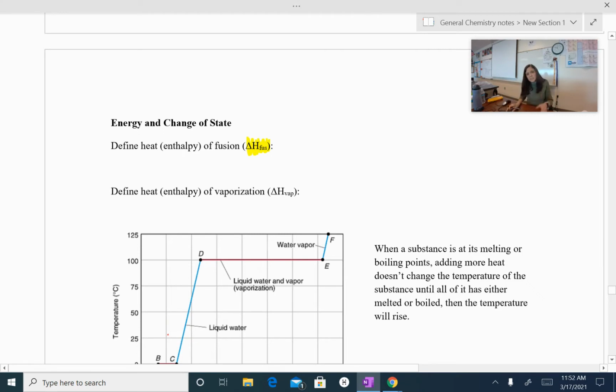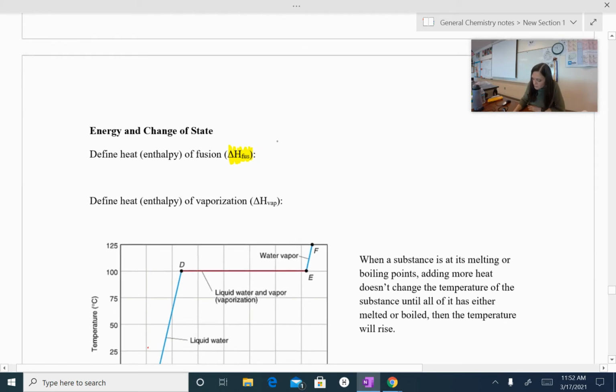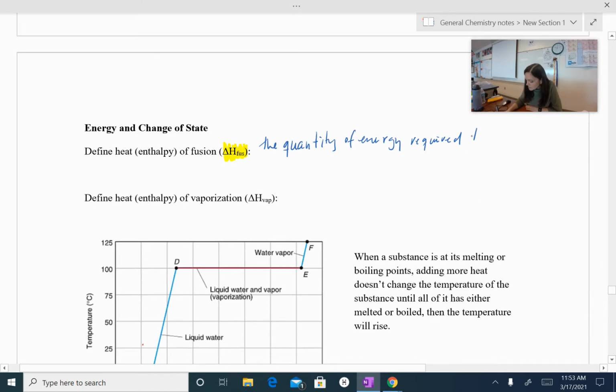It is the quantity of energy required to melt a substance at its melting point.